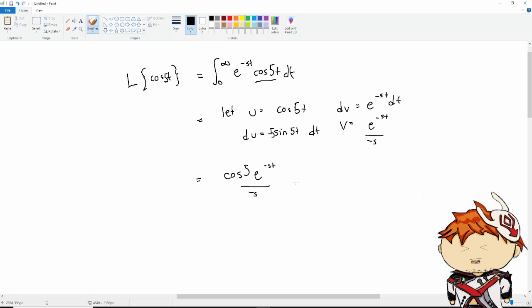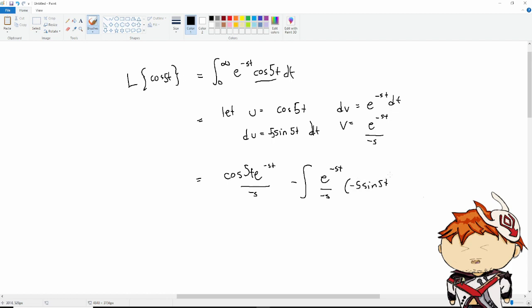I guess it's the same pattern. I guess you could use that, because it's the t to the fifth, right? It's the same pattern, I guess, but let's see. e to the negative st over negative s, du is negative 5 sine 5t.